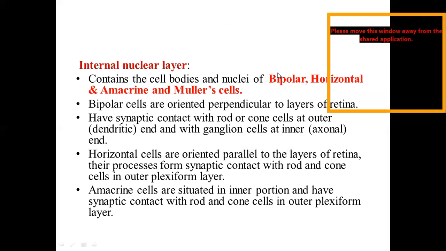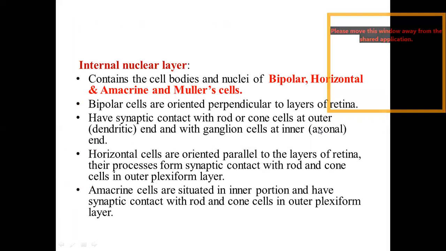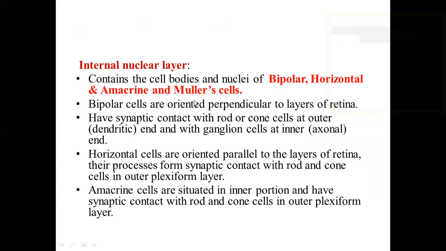Then we have the internal nuclear layer. Now again, if you see in this diagram, internal nuclear layer is darkly stained. This dark staining is due to cell bodies and nuclei of bipolar, horizontal, amacrine and Mueller cells. So these four types of cells are present in internal nuclear layer.